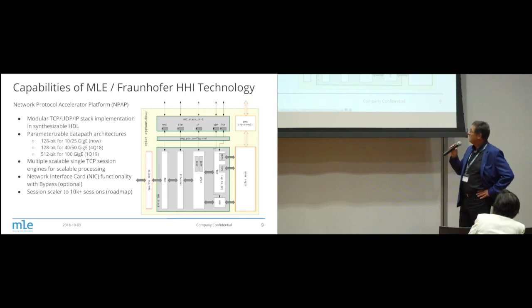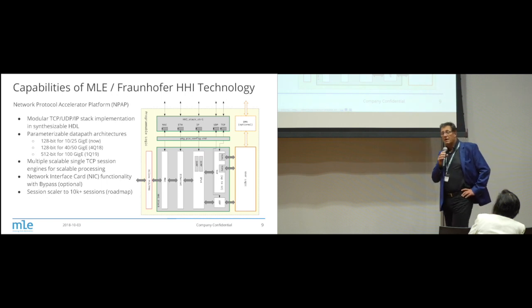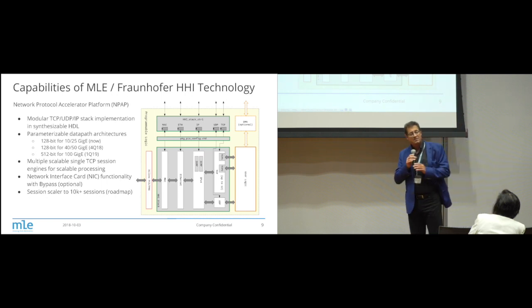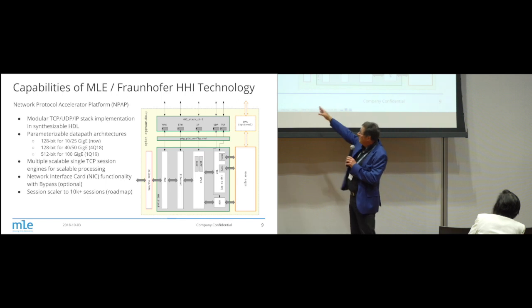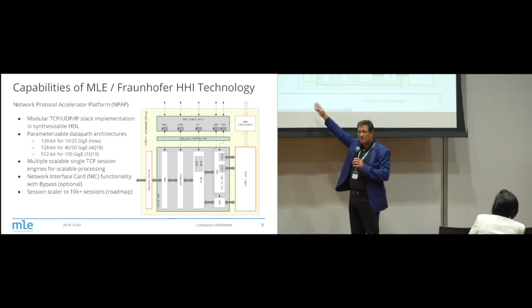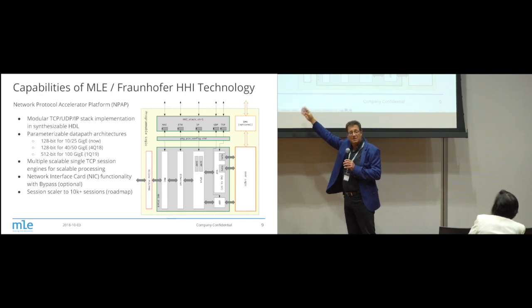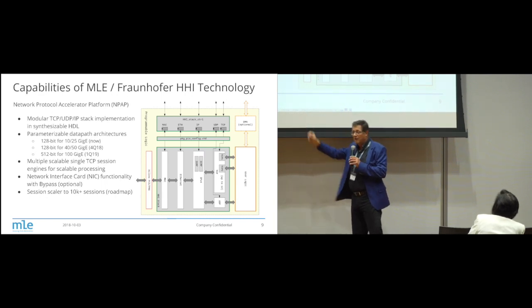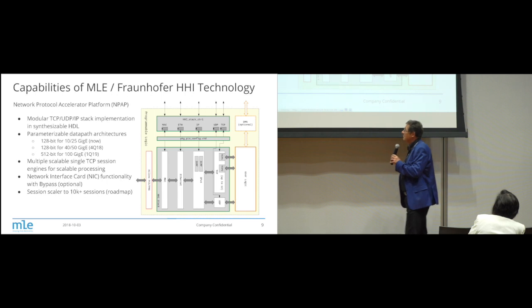The system they put together is a very modular system. And if you look at the OSI stack from left to right, you can see that they have the lowest level processing, which is the physical layer processing, for which we're using the Xilinx PCS PMA layer.